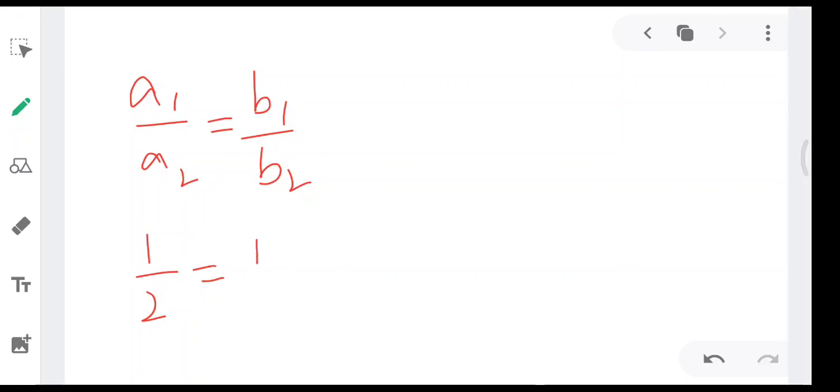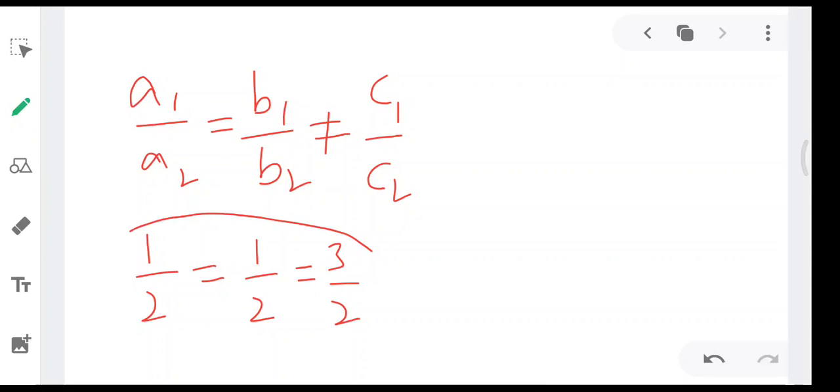Then the second condition was a1 by a2 is equal to b1 by b2. Suppose you found a1 by a2, you got 1 by 2, you found b1 by b2, you got 1 by 2, then go for c1 by c2. And you found that c1 by c2 is 3 by 2, suppose, so it is not equal. From where do we get these values?